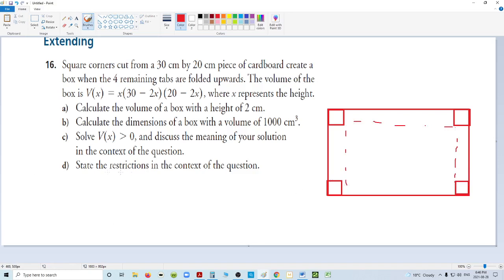The volume of the box is given by this, and you can actually rearrange that to figure out the x-intercepts, where x represents the height. So the height here is definitely going to be this part here, which means the box corners that they cut out here are x and x. Calculate the volume of the box with a height of 2. So that means if x is 2.